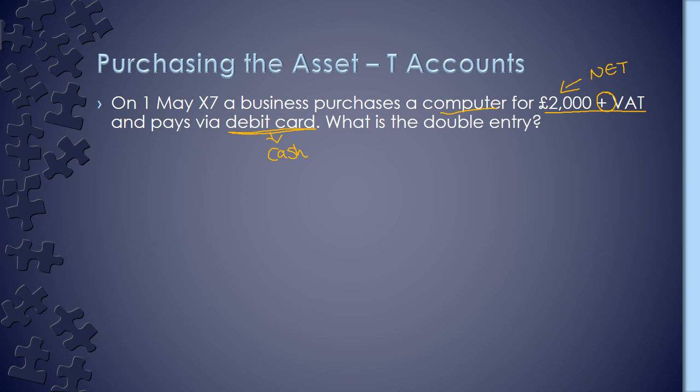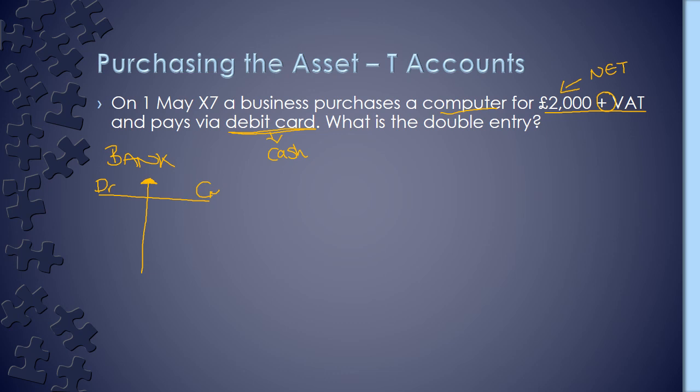So what's the double entry? What accounts are we going to need here? The obvious one is going to be the bank account because we're paying by debit card. So let's draw up our bank account. And for those of you that have seen my double entry video, you'll know that I always like to put an arrow at the top of my accounts to help with our debit and credit.